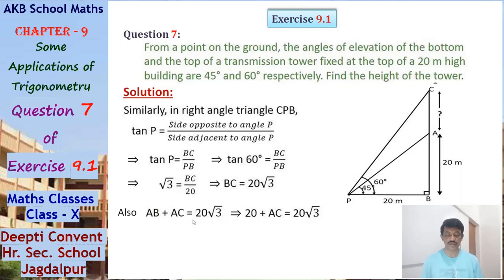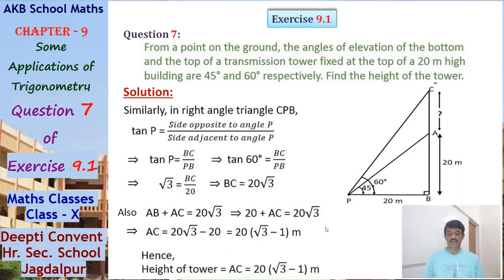Here AB is 20, so 20 plus AC equals this. So AC equals 20 root 3 minus 20, taking 20 common, AC equals 20 times (root 3 minus 1). Hence, the height of the tower AC equals 20 (root 3 minus 1) meters. Clear? So that was the solution of question 7 of exercise 9.1.